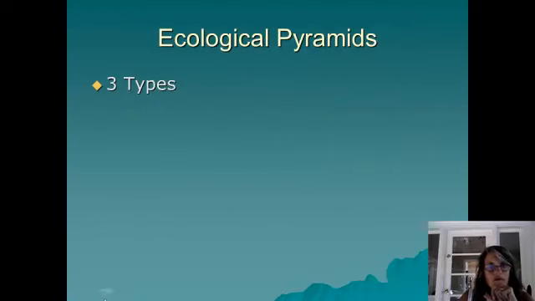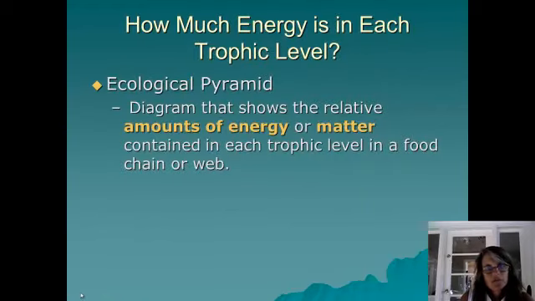And what we find when we talk about that is that trophic levels are best illustrated as what are called ecological pyramids. And actually, it would be ecological triangles because that's how we always draw them. At the base, you have your producers who are harvesting energy from the sun. And there's the greatest number of producers. There's lots and lots of blades of grass, lots and lots of trees out there, and so on.